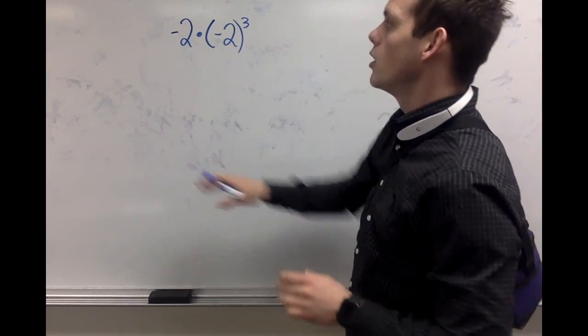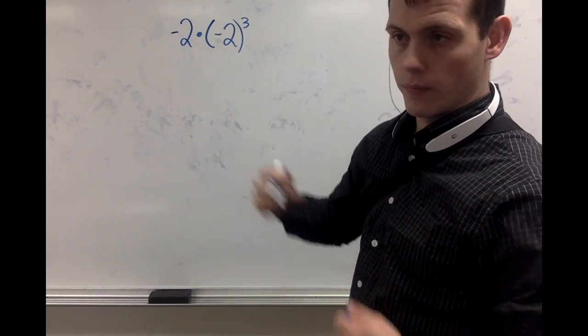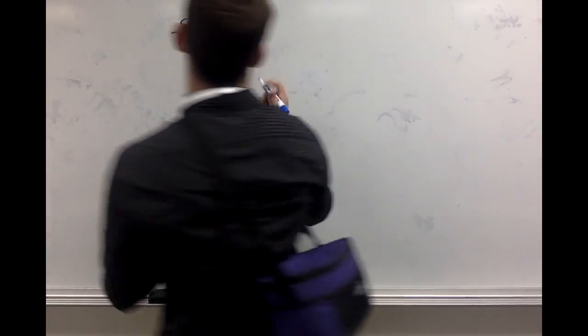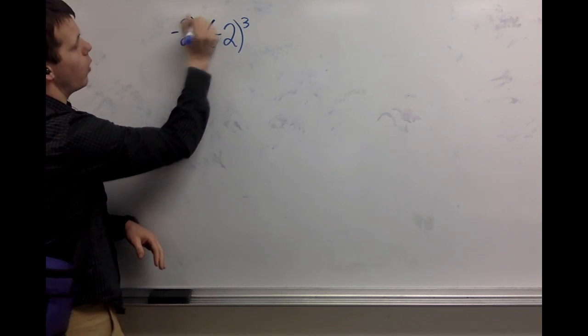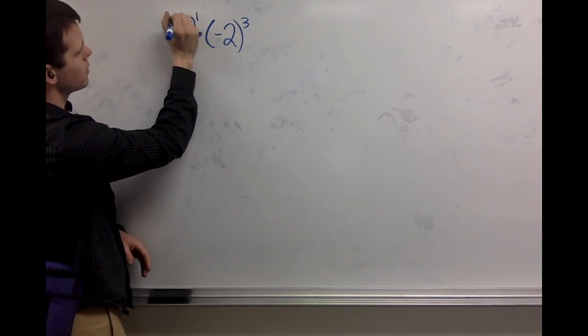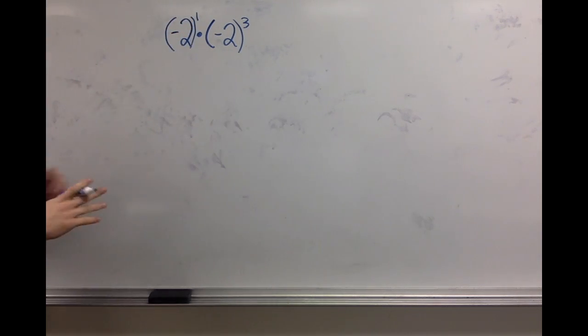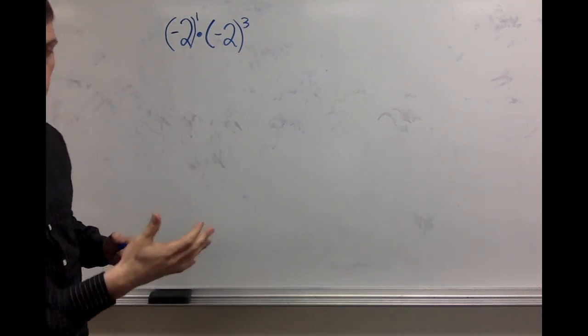You may be getting the hang of it, but don't let problems like this kind of trip you up. So right now we have a negative 2 times negative 2 to the 3rd. So when we add our exponent, negative 2 would have just a 1 for an exponent. But it's important that the parenthesis goes on the outside of that negative sign. If it didn't, we just have a positive 2.